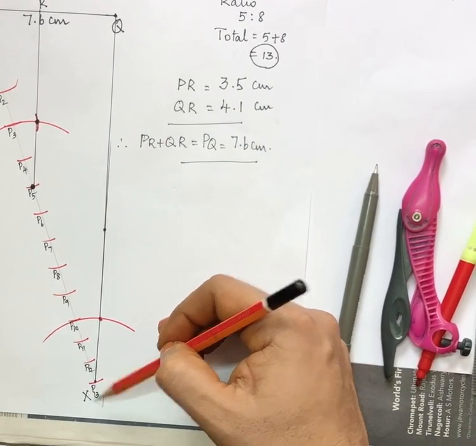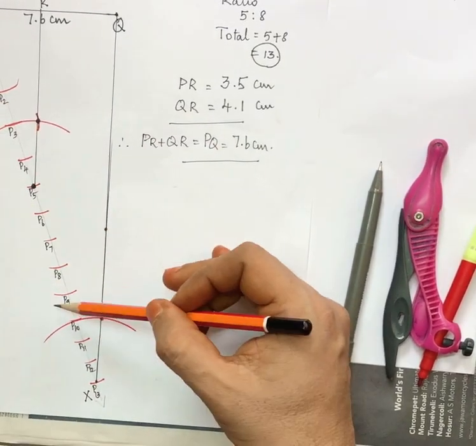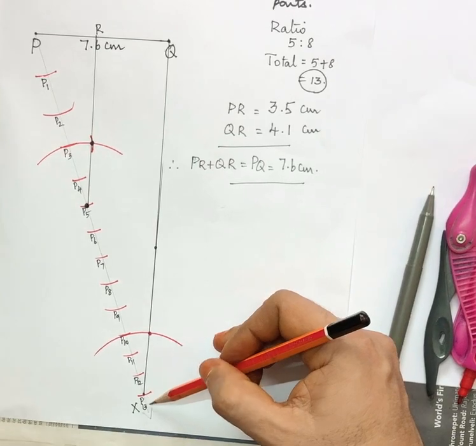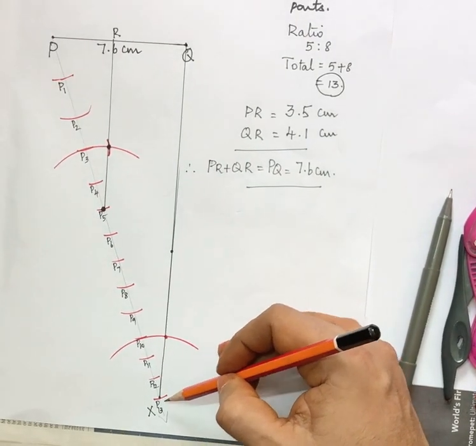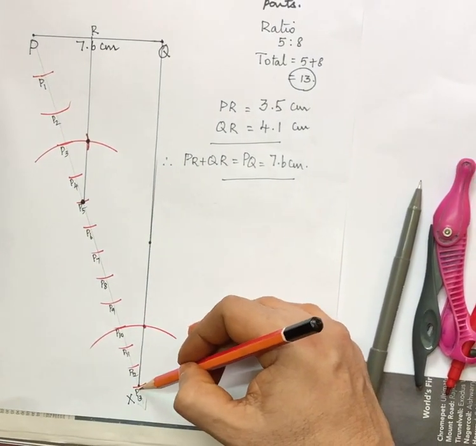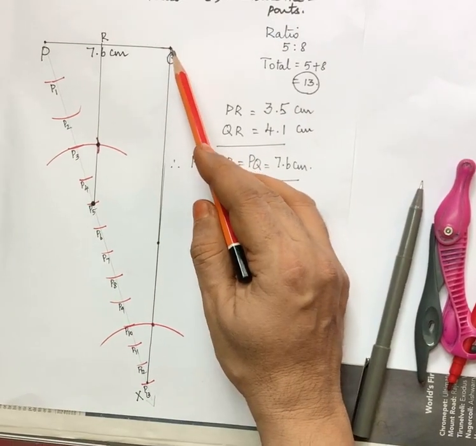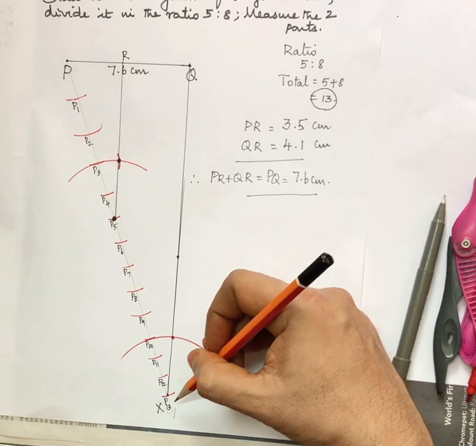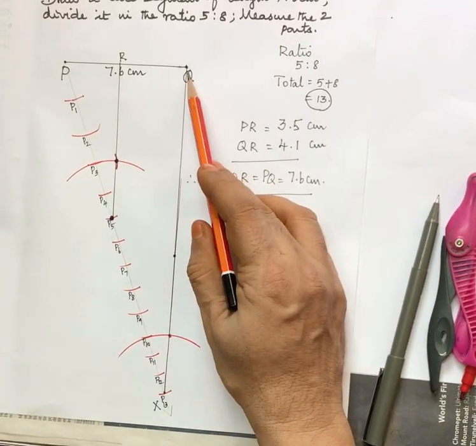On PX, cut 13 arcs. Name them as P1, P2 to P13. Then you are going to join end to end. P13 is joined to this end Q.